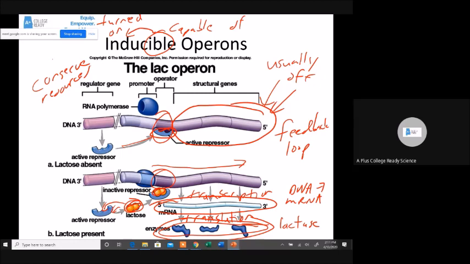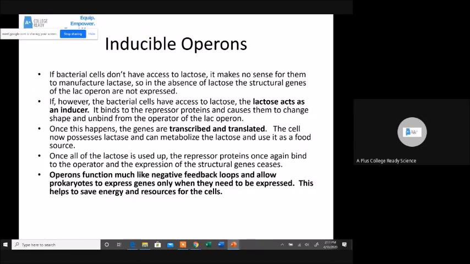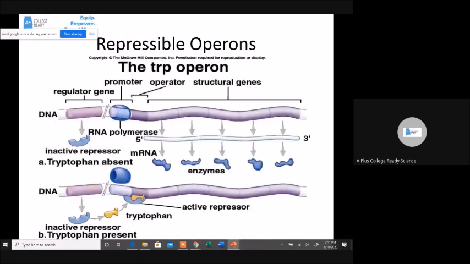Let's talk about sort of the opposite of an inducible operon, and these are repressible operons. The example that you always hear about for a repressible operon is the trp operon. We'll talk more about that in a minute. But let's first of all talk about what repressible means. Again, capable of, and repressed essentially means being turned off.